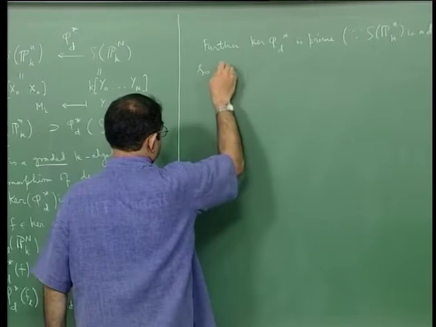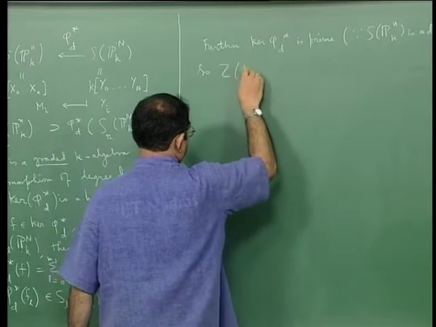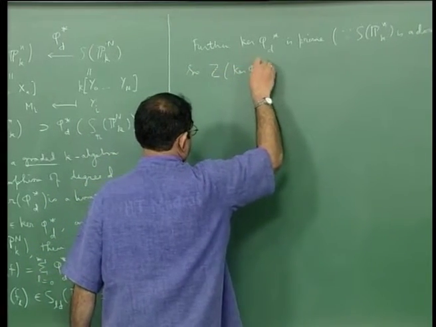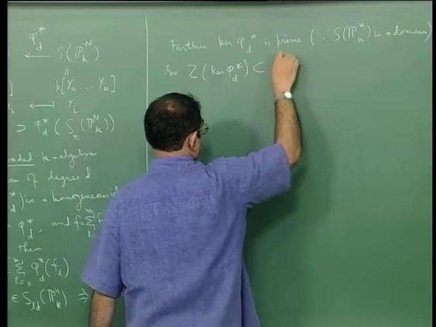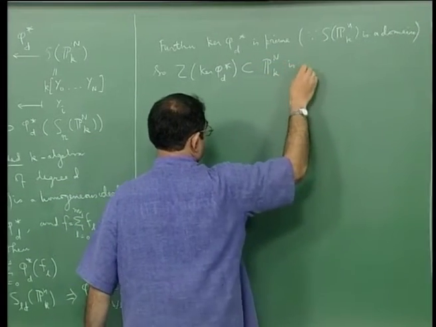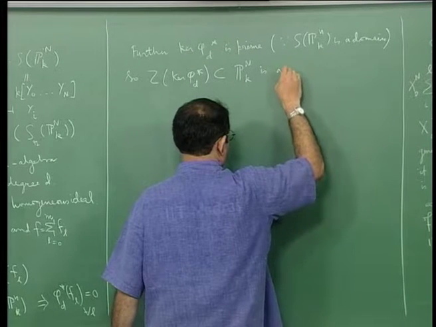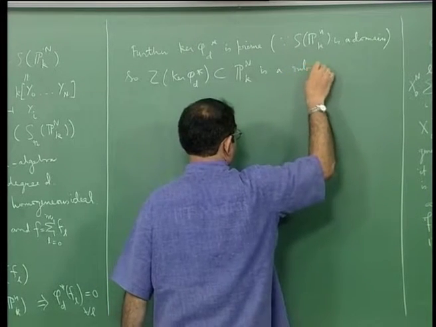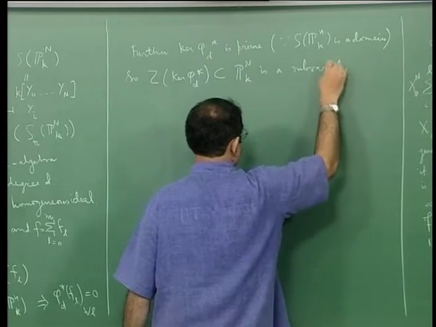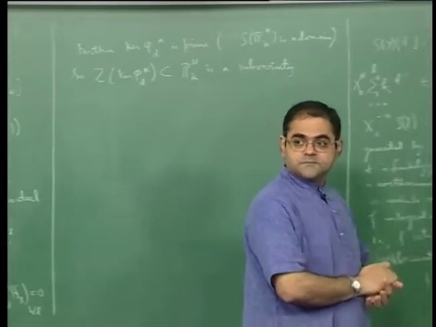So the 0 set of the kernel of φ_d^* inside the big projective space is a projective variety, an irreducible closed subset.